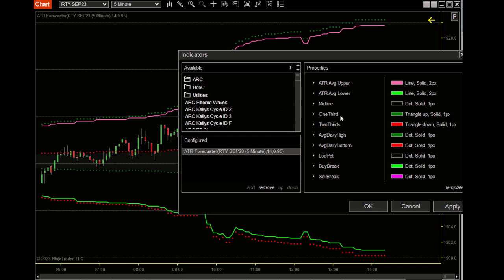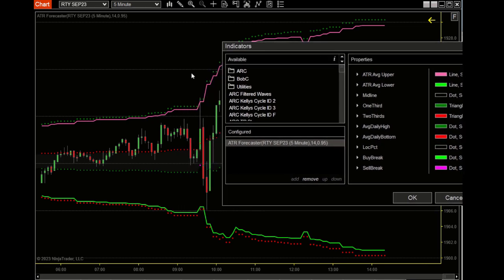One-third and two-thirds, really those are the red dots and the green dots. I call them 1/3, 2/3. It's probably out of date verbiage, but daily high and daily bottom is the actual dots. So that is the average daily high, which is this green, and the average daily bottom low, which is the red.